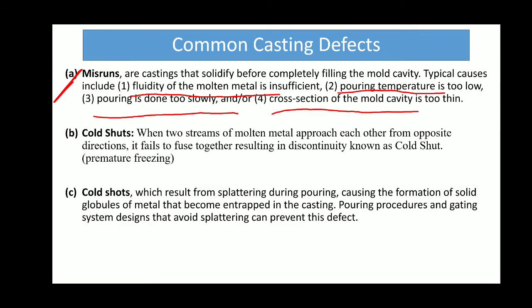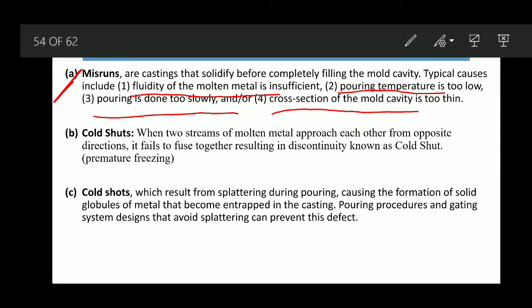So the next type of problem that we are going to discuss is cold shut. Now what may happen, sometimes depending on the design of the mold, is that there may be two streams of molten metal approaching each other from both directions. One may be approaching from this direction, another filling up from this direction.